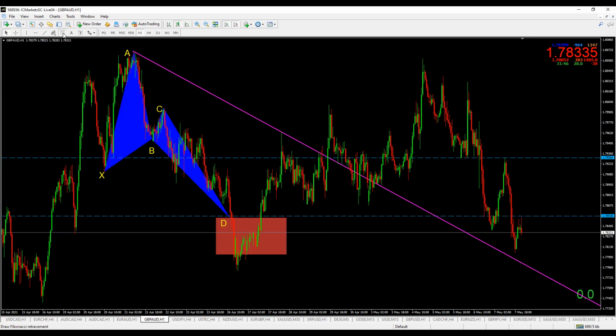So I will use my Fib this way, not starting from here, because it went there and pulled back. The point of the next impulse, because where it started here is the impulse move. So we have the impulse, the correction, and the continuation.